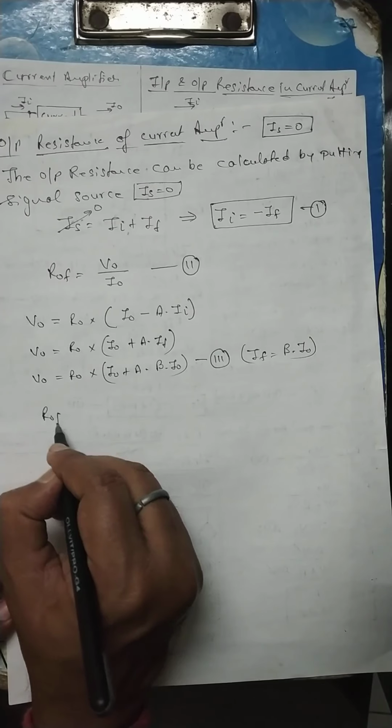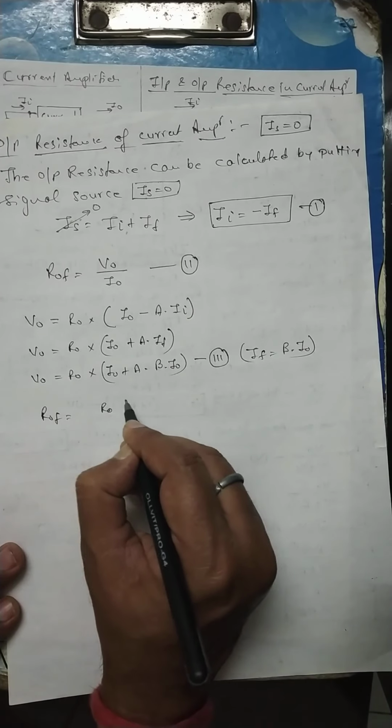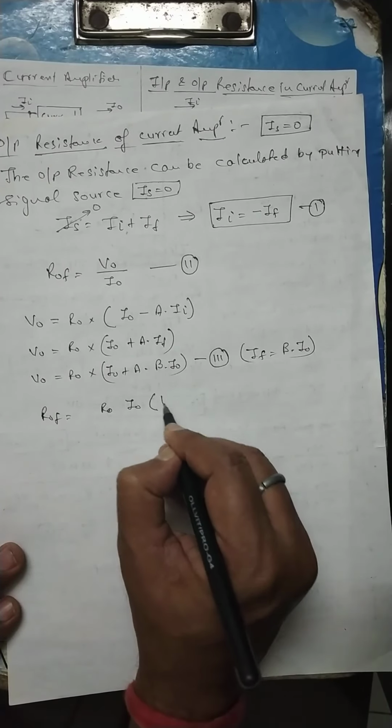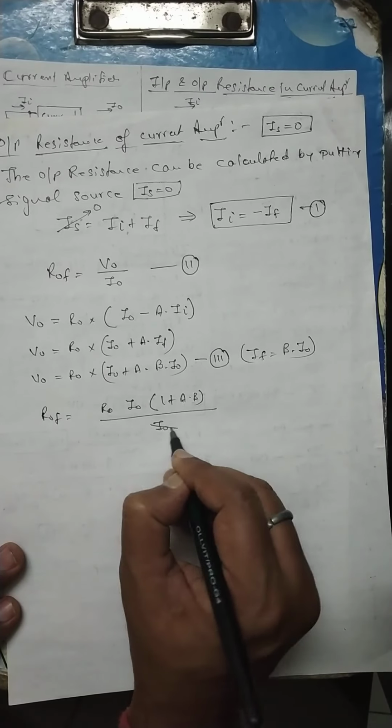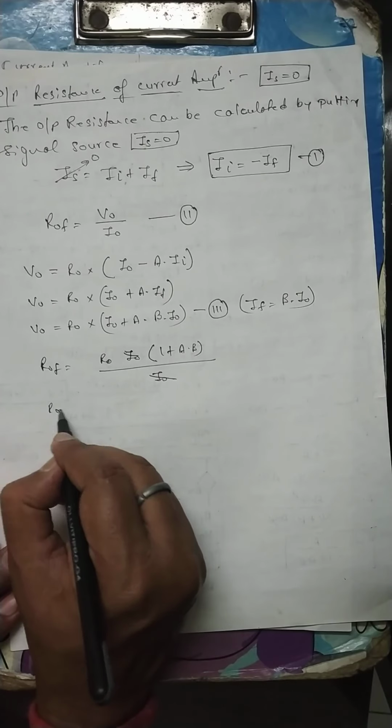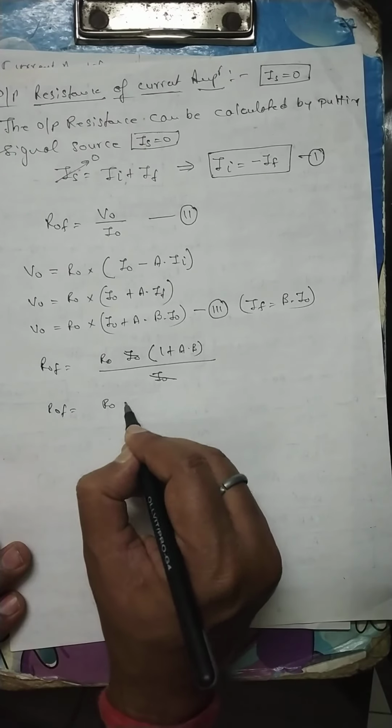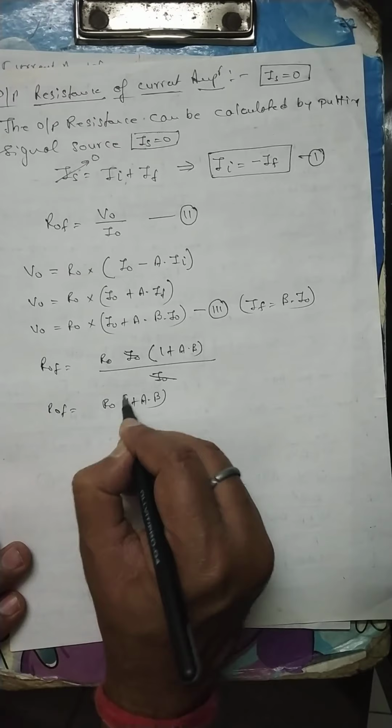So ROF is equal to R0, I0 we take common, 1 plus A into beta, upon I0. So this and this cancel out. Therefore, ROF is equal to R0 into 1 plus A into beta.